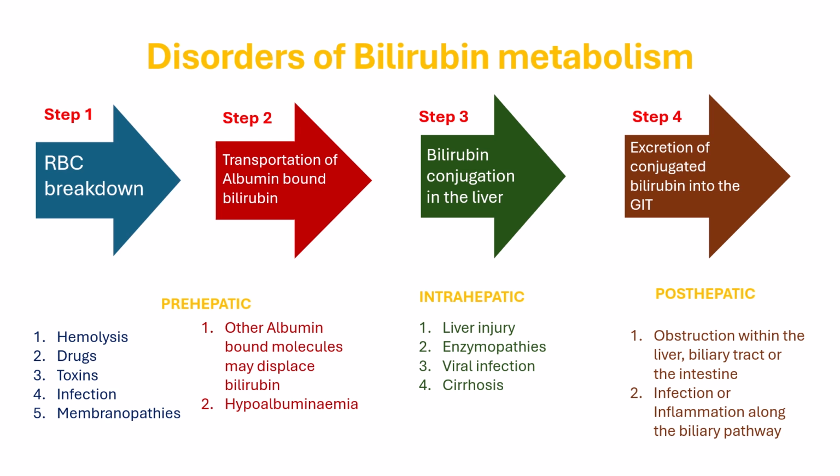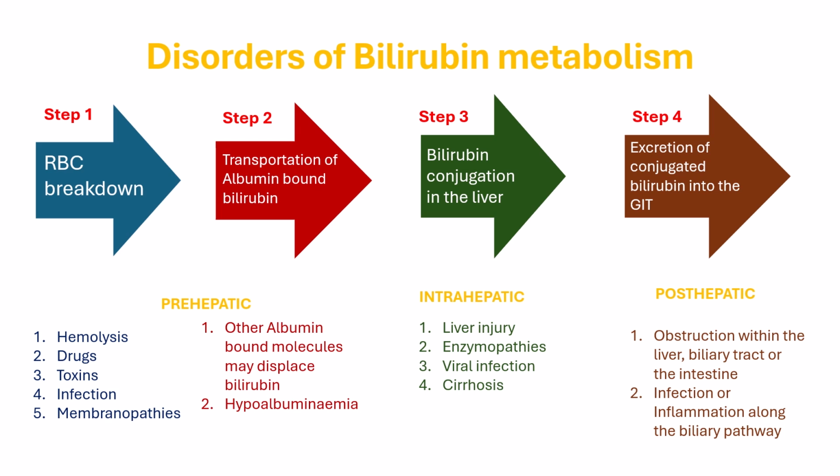Step 1 and step 2 are also involved in unconjugated hyperbilirubinemia because at this level the bilirubin has not yet been conjugated, while step 3 and step 4 are mostly described as conjugated hyperbilirubinemia because at this level the bilirubin has been conjugated by the liver.